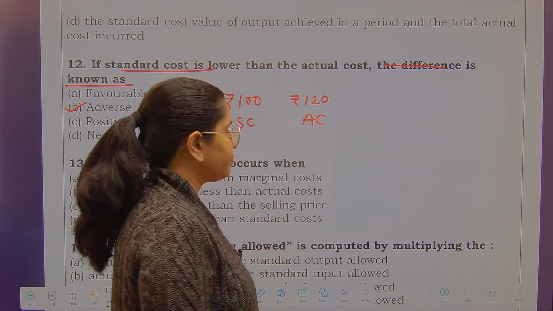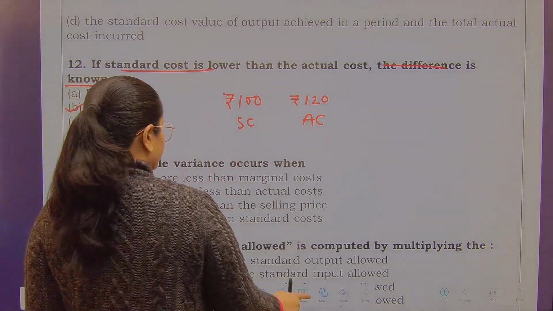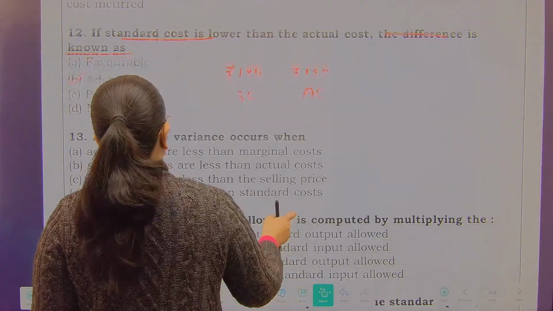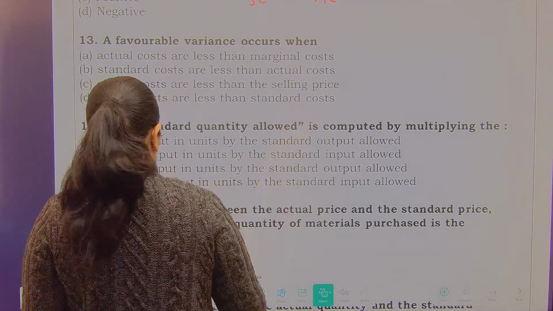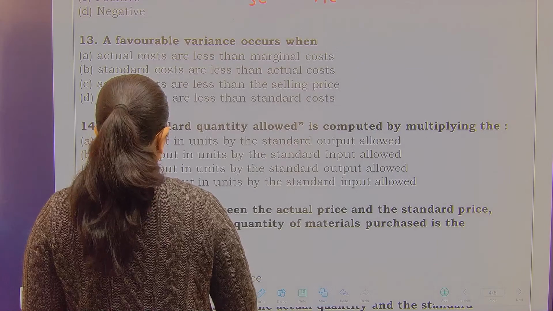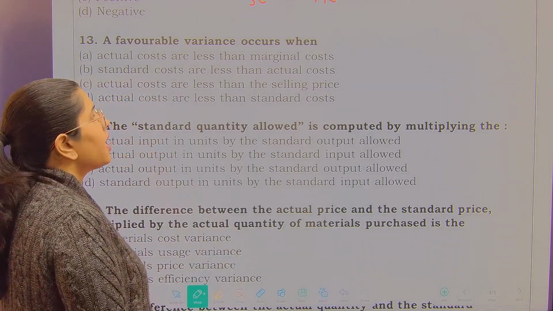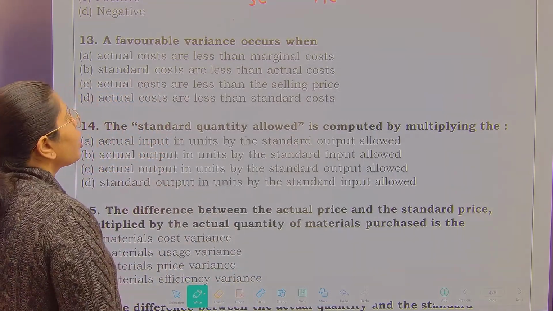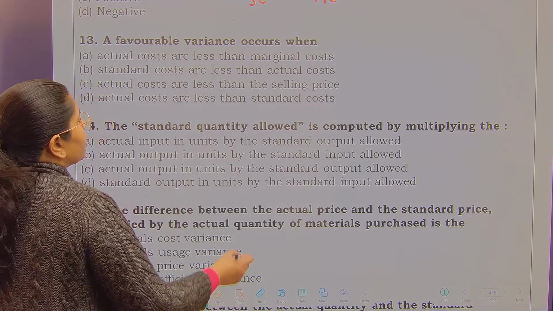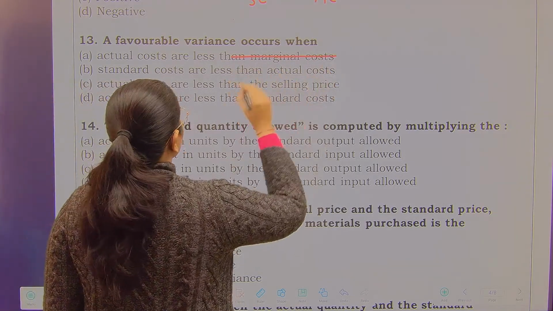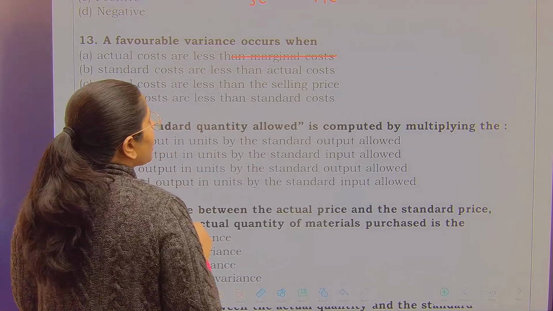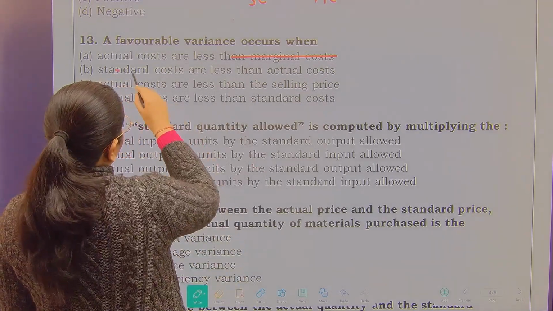Next question. A favorable variance occurs when actual costs are less than marginal cost. I do not have any concern for marginal cost. Standard costs are less than actual cost. That will be adverse.